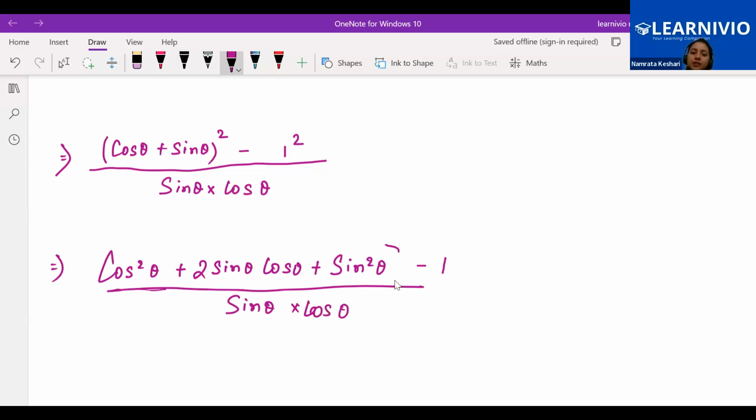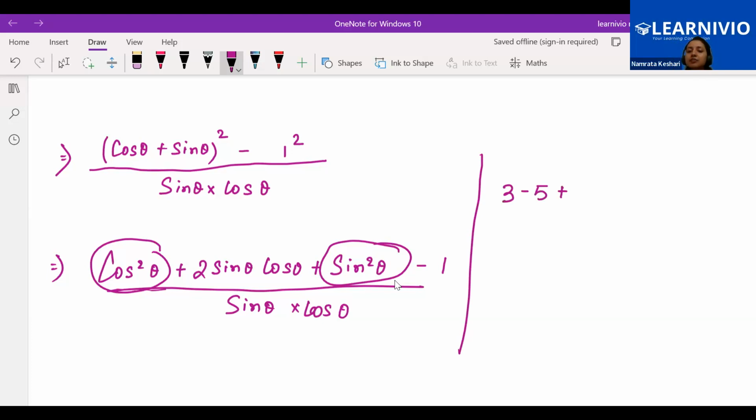Here sin square theta, here cos square theta, added together will make 1. Even if it is not sitting together, we can write it together. For example, just a basic example, if you have 3 minus 5 plus 8, you can add 8 and 3 at first, and then subtract 5. The answer will be the same.